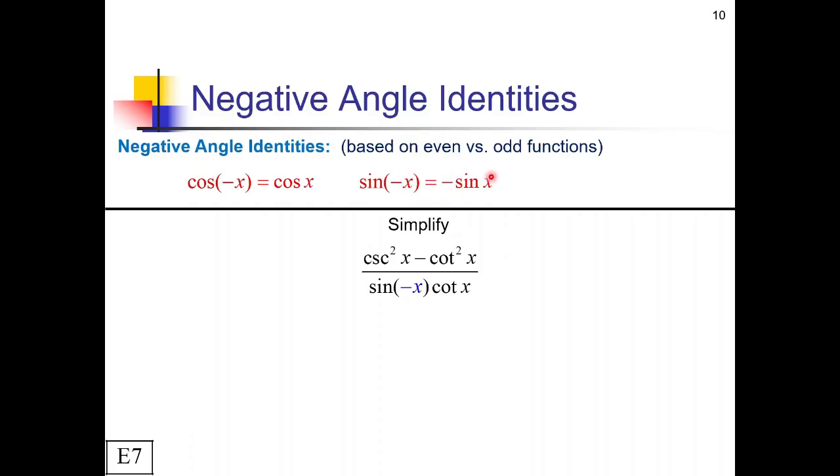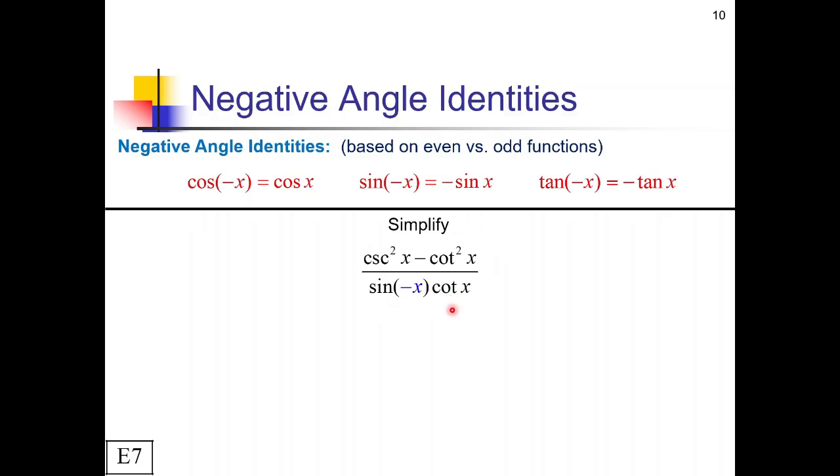And again, try out an angle if you don't believe me. Sine of negative 30 would be negative 1/2. Negative sine of positive 30 would also be negative 1/2. So this one works. And then finally, tan of negative x equals negative tan of x. Same reason as the sine rule here, because tan is an odd function. And you can try out negative and positive 45 degrees if you don't believe me on that one.